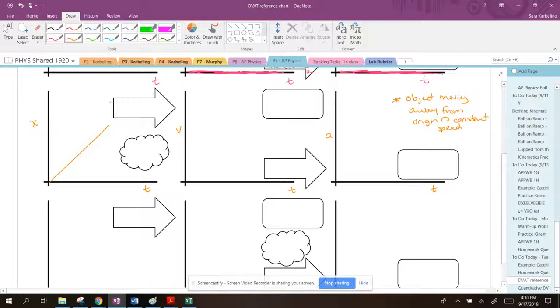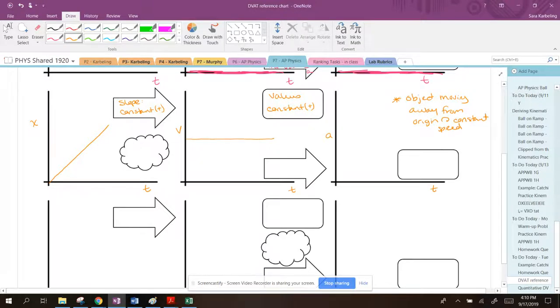We know here that we can look at the slope, and the slope is both constant and positive, which means that the values here will be both constant and positive. Okay, so the values are constant and positive.